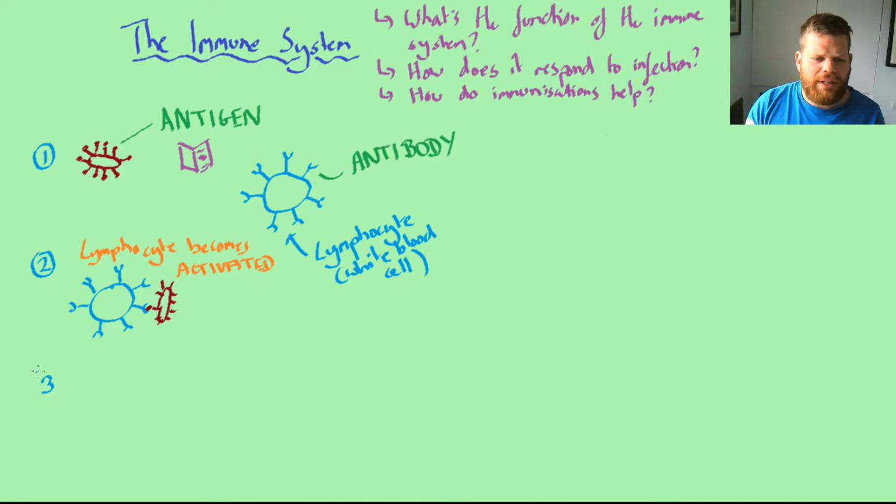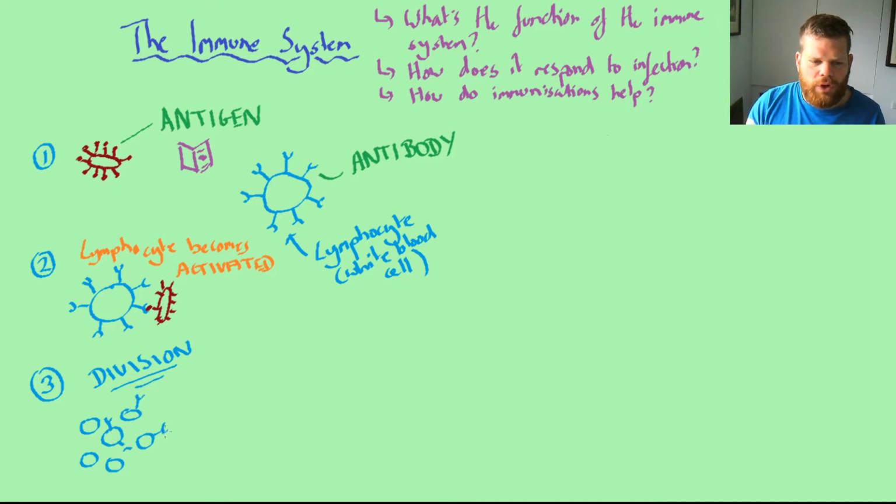Well, what happens now that it's activated is this lymphocyte starts to divide. So lots of division occurs. Our lymphocyte suddenly starts producing lots of itself, so we end up with loads of lymphocytes.